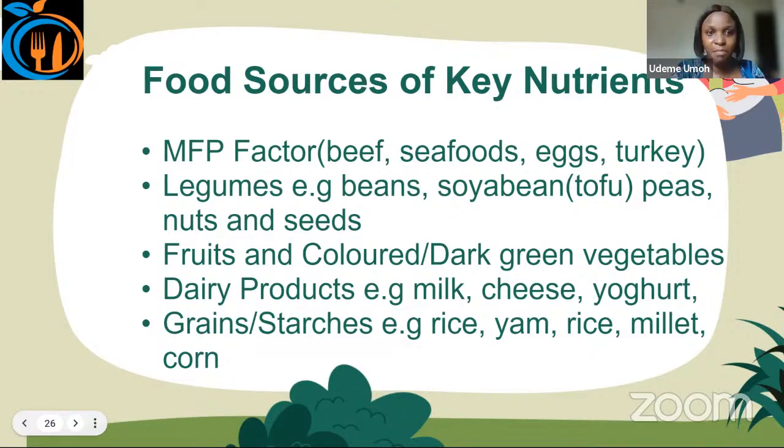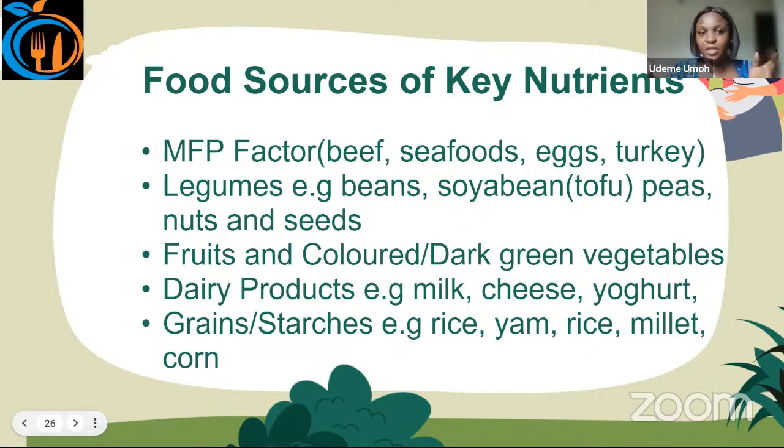So M means meat, F means fish, and P means poultry. So M for the meat can be either goat meat, beef, lamb, cow, that is our meat. So it's important that we have them during pregnancy.